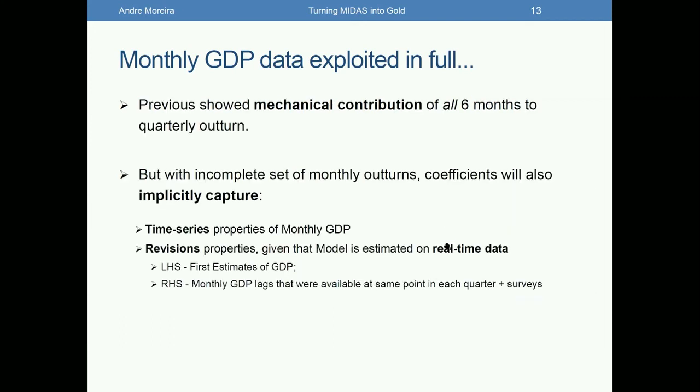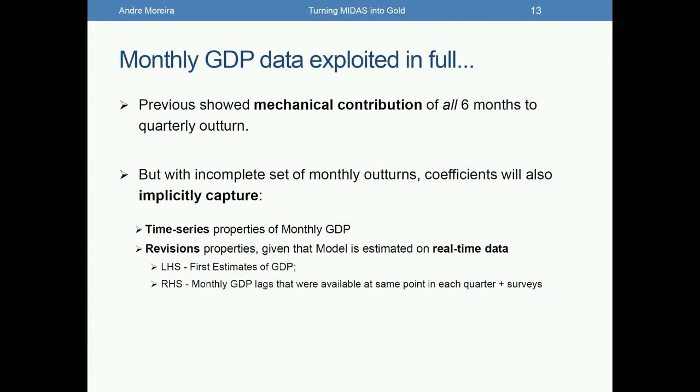But when you estimate those coefficients, you don't have the 6 months, you don't have the perfect relationship. So you have, say, 3 or 4 or 5, depending where you are in the data cycle. And so the coefficients will reflect not just that mechanical relationship, but that will be distorted in a good way by the fact that it's also going to implicitly capture what the previous months imply for the last month of the quarter, say, or the missing months of the quarter.